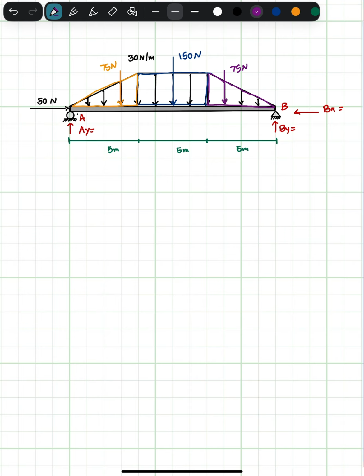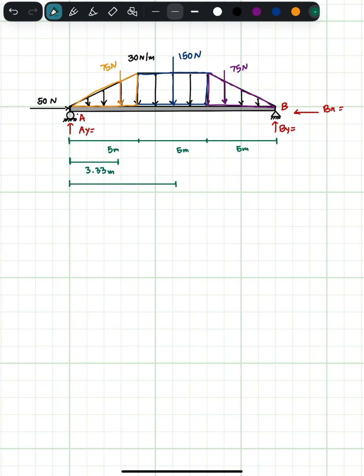Now, okay, let's figure out the locations of these values. So I know right here, if the triangle is 5 meters long, it's going to be 2/3 times 5. So immediately this value is 3.33 meters away. I'm going to do another one here, halfway.